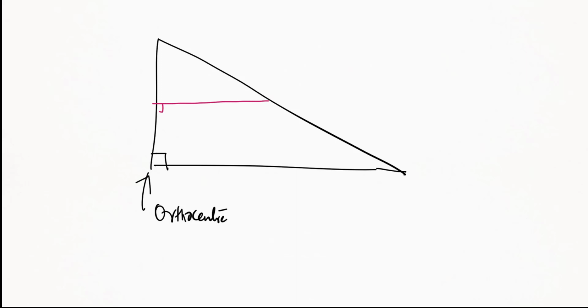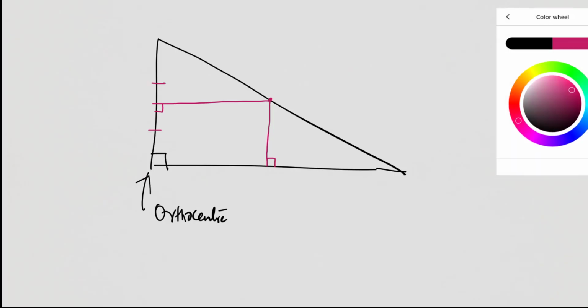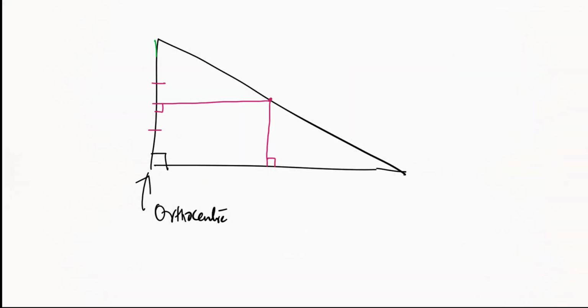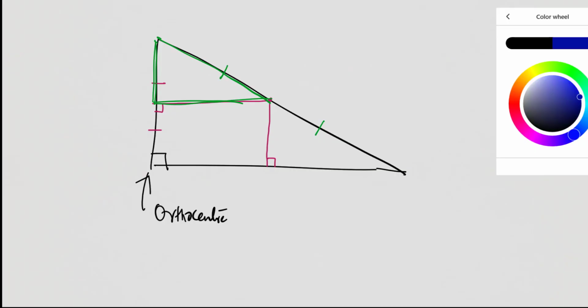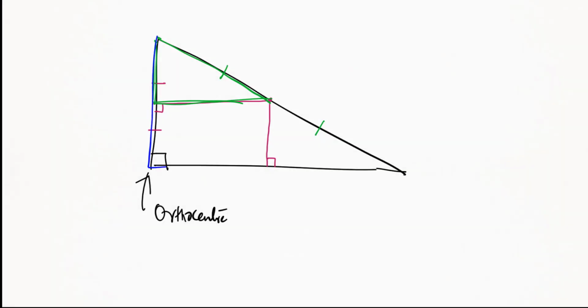If this is a perpendicular bisector and let's say this is also meeting somewhere here, if you look at this triangle and the bigger triangle, it is very obvious that these are similar triangles. So if the ratio is 1:1, this is a bisector. So obviously the ratio here will also be 1:1. So this will be the midpoint.